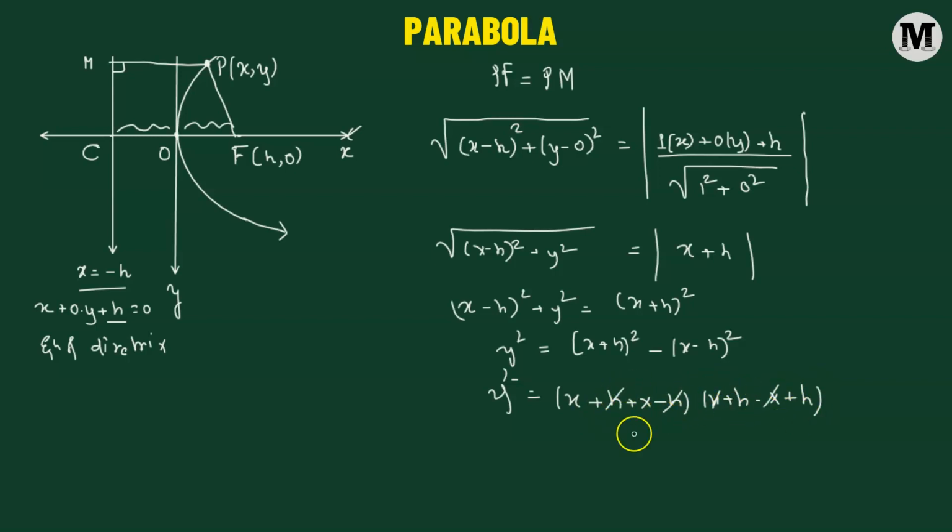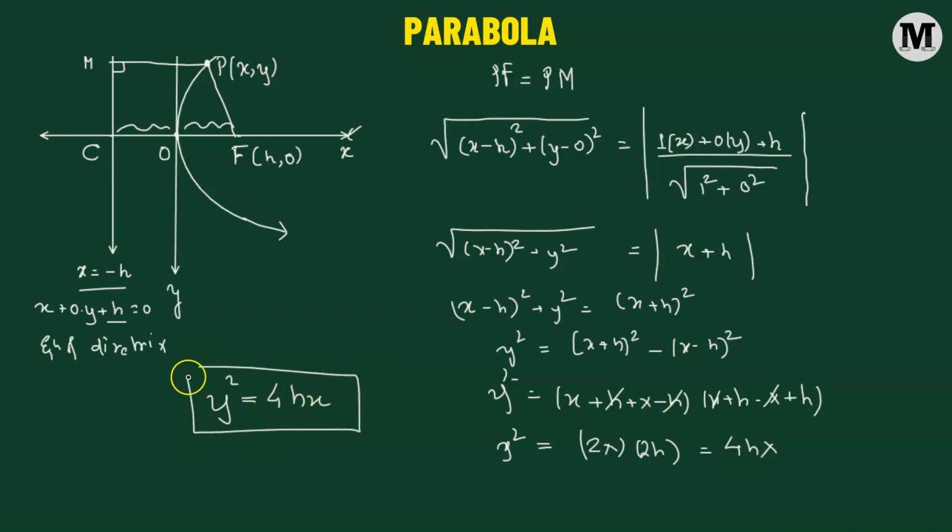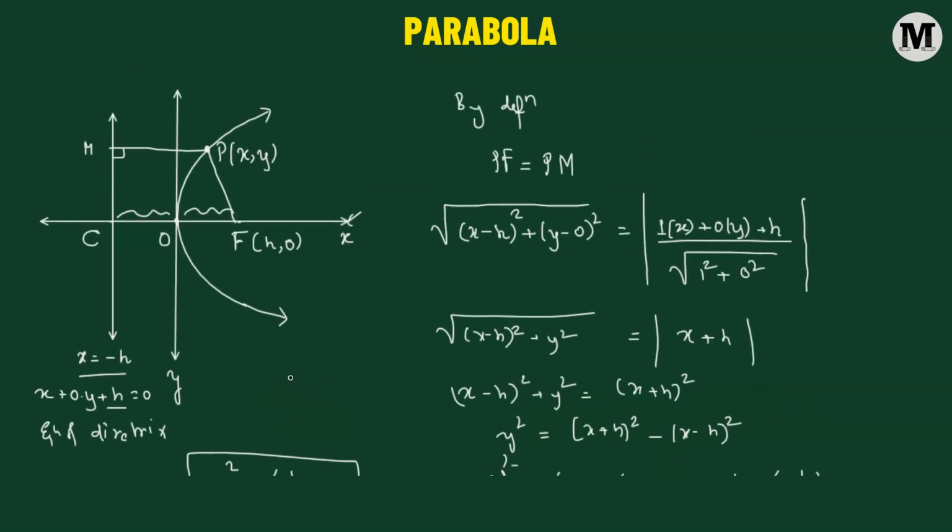Negative x and positive x cancel out. So y squared will be equal to 2x multiplied by 2h, which is simply equal to 4 times hx. So this is going to be the standard form of the equation of a parabola. So y squared will be equal to 4hx. Right, so this is the standard form of a parabola, and we are considering a right-facing parabola.